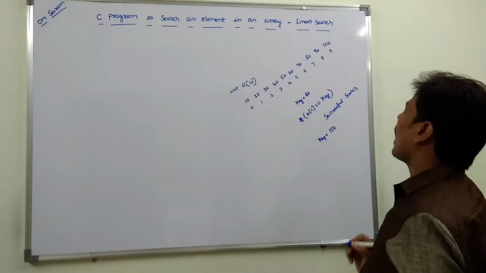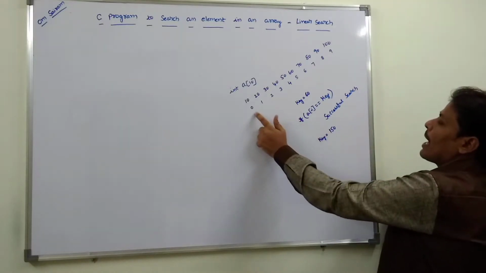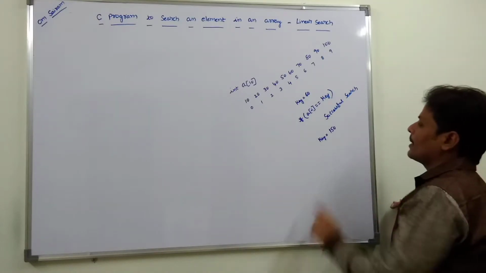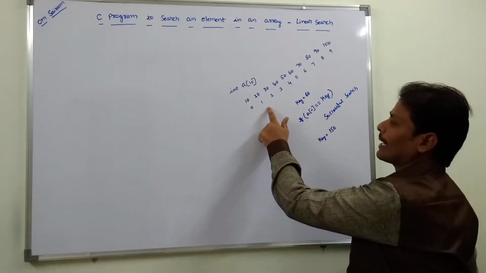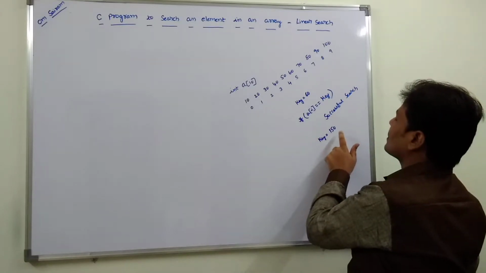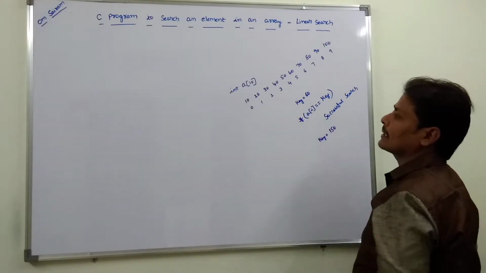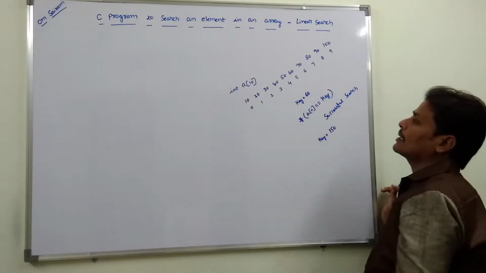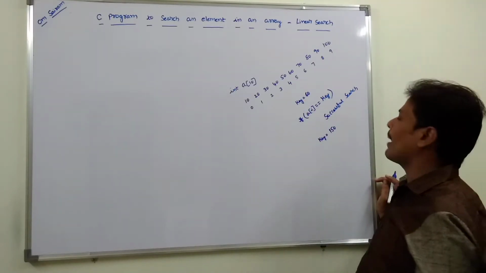150. Now 150 is compared with the first element in the array, both are not matched. 150 is compared with the second element, not matched. With the third element, not matched. With the fourth element, not matched.